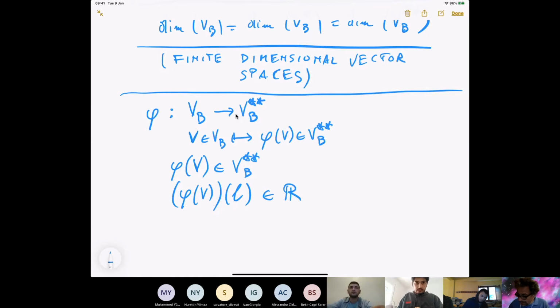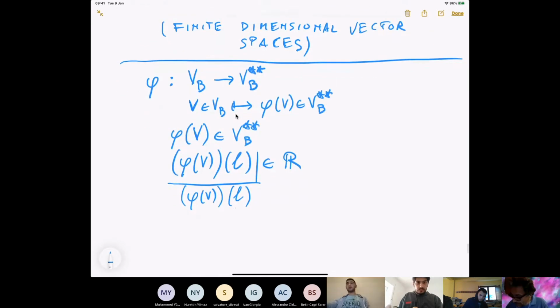So this symbol here means take phi V and calculate its image on L. Okay, and now this real number I calculate this way, L of V.